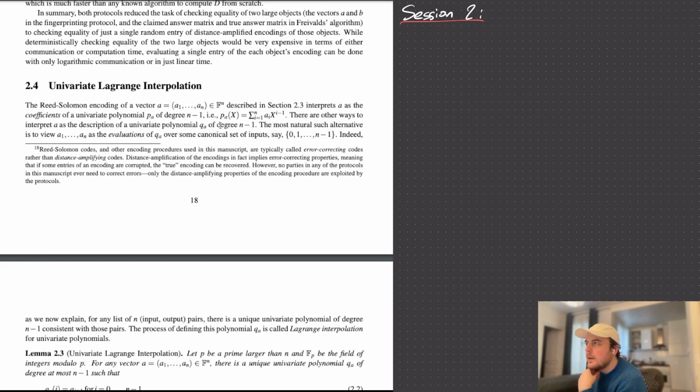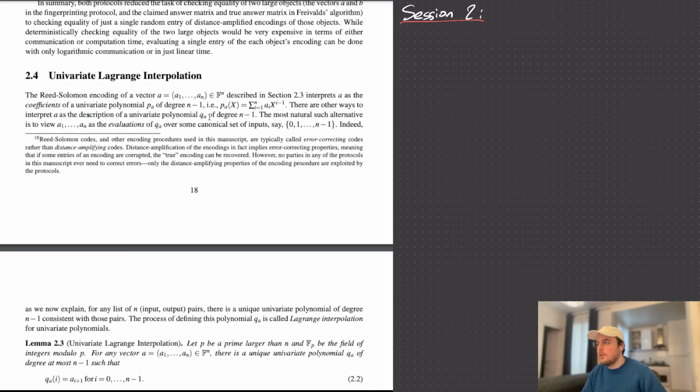So there is our way to interpret A as the description of a univariate polynomial Q of A of degree n minus 1. The most natural alternative would be to view the vector A as evaluations of Q of A over some canonical set of inputs, let's say 0, 1, until n minus 1.